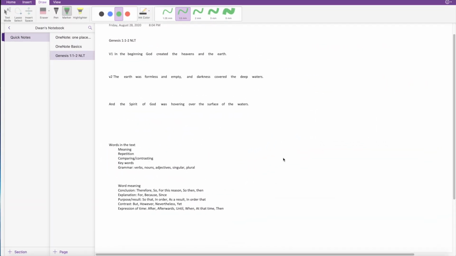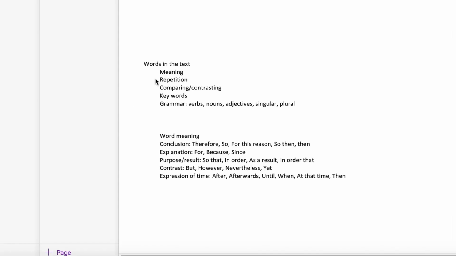Okay, so now in this part we are going to look more in depth into the text. We're going to be looking at the words within the text to see what they mean, see if there's any repetition, any comparing and contrasting, check out any keywords, and then we're going to look at grammar: verbs, nouns, adjectives, etc. And then we're going to have word meanings.